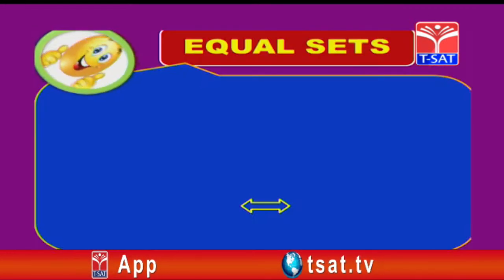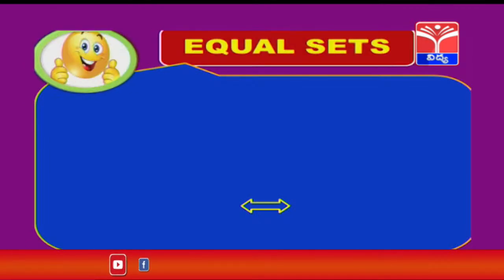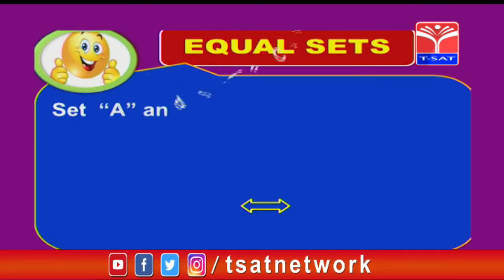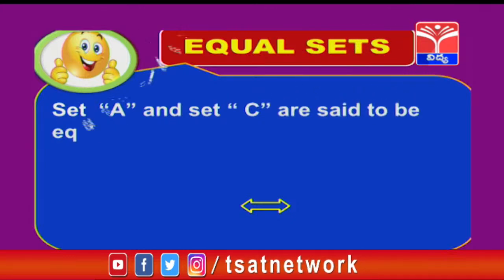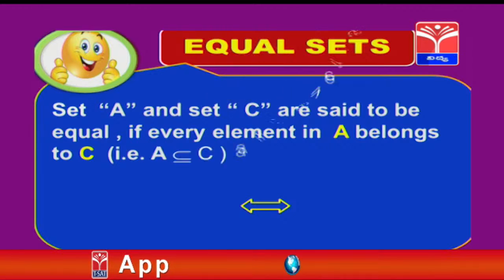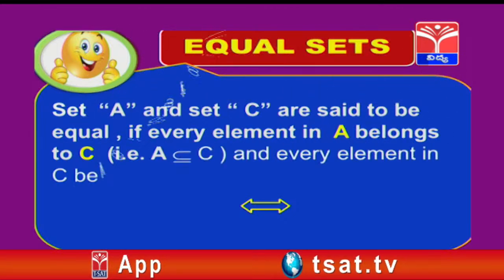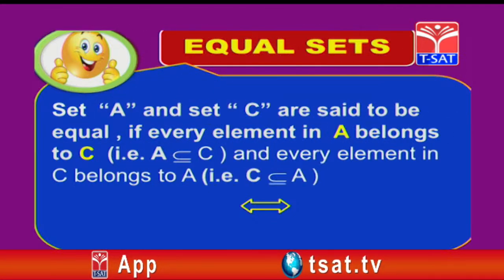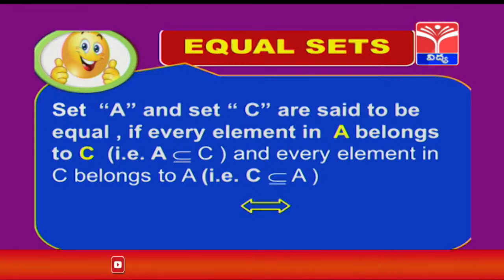Now, we are going to learn about equal sets. What is an equal set? Sets A and C are said to be equal, you see, if every element in A belongs to C, that is A is a subset of or equal to C. You see the symbol here.